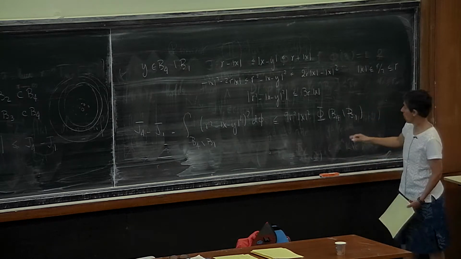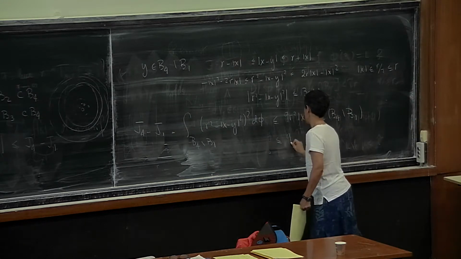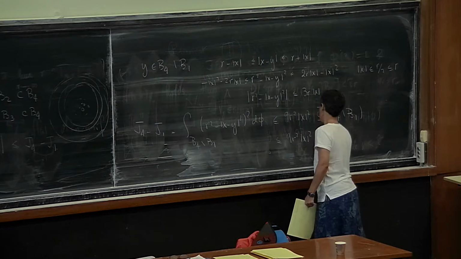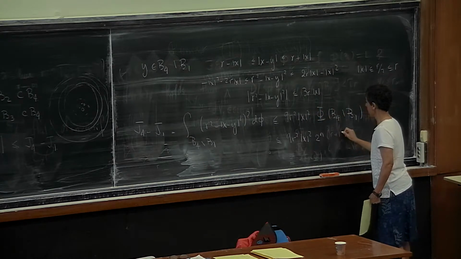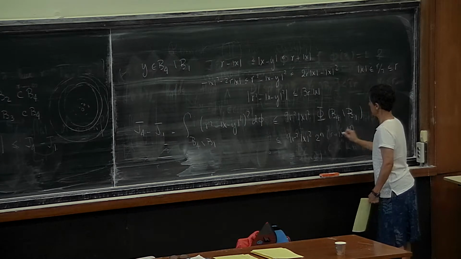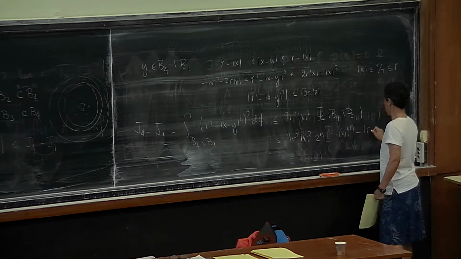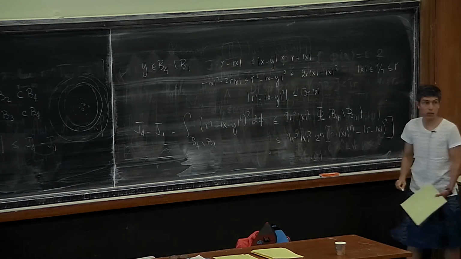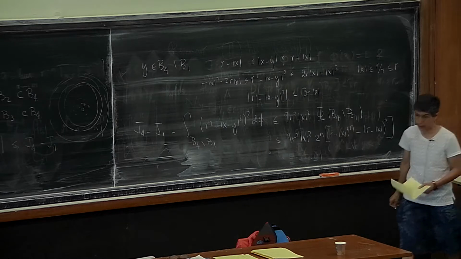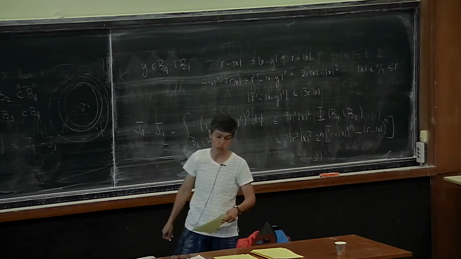And so I said that's 9 r squared x squared 2 to the n. Phi of B4 is r plus x to the n minus r minus x to the n. Okay? And what that gives me is an x cubed.